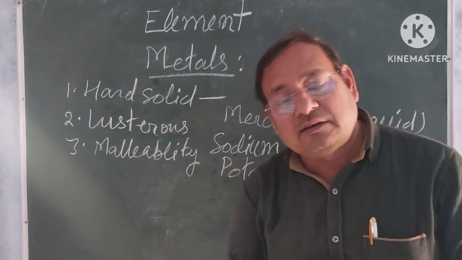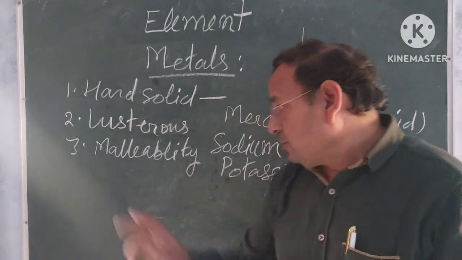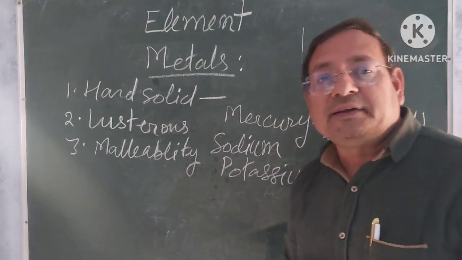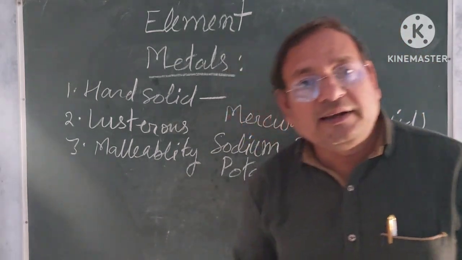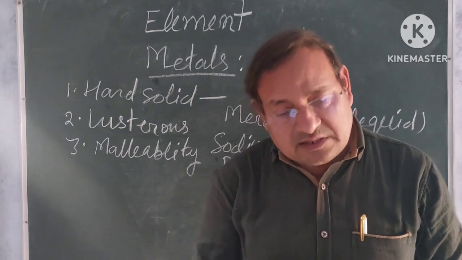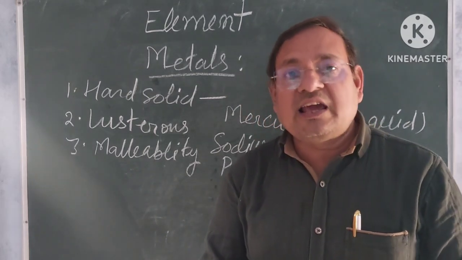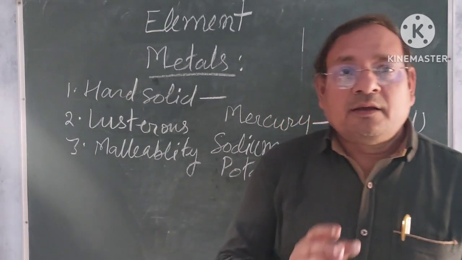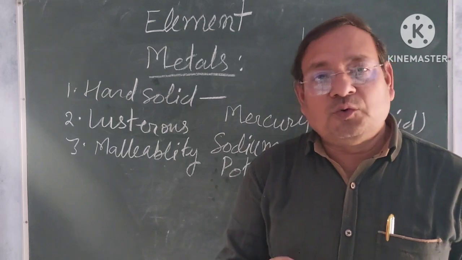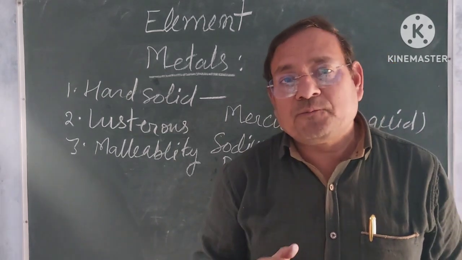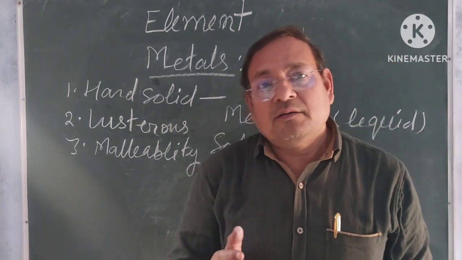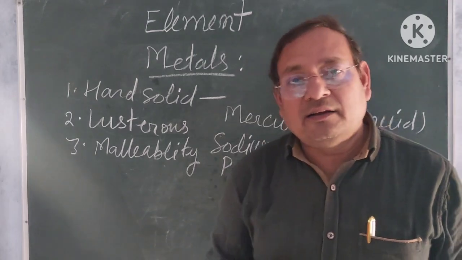My dear students, under this property of metal, malleability. Malleability is a property by which metals can be converted into very thin sheets like paper by hammering metals again and again.